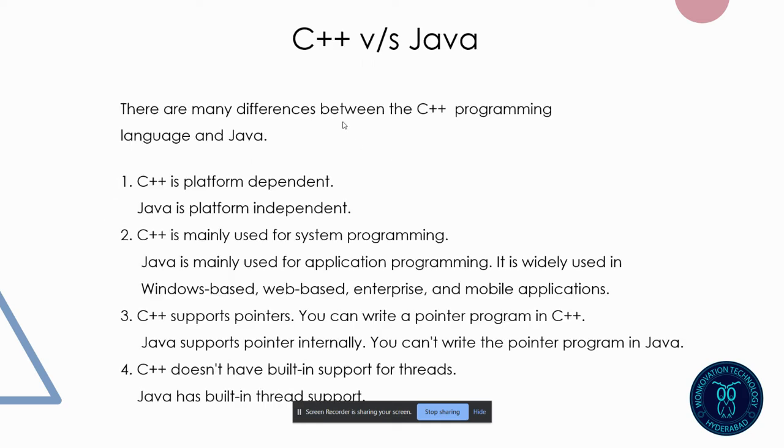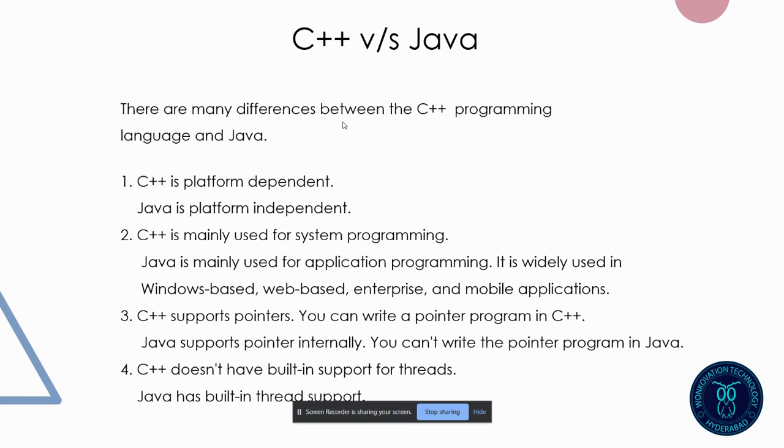Now, C++ versus Java. There are many differences and similarities between the C++ programming language and Java. C++ is platform dependent because C++ uses a compiler only. C++ is compiled and run using the compiler which converts the source code into machine code.